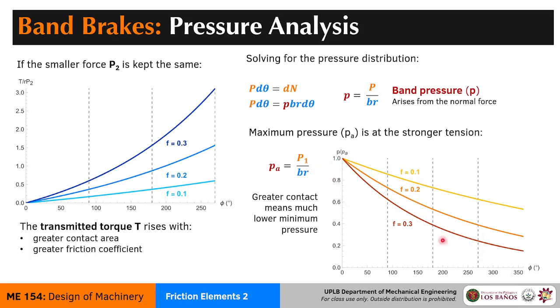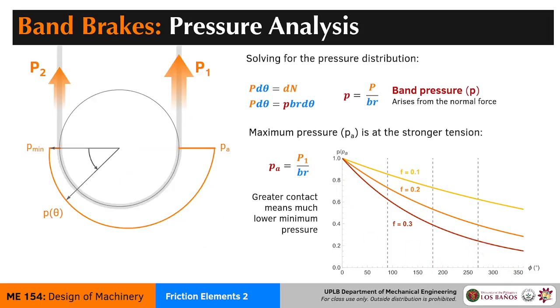So the highest pressure and the lowest pressure will always be found at the endpoints of the contact. This is what it looks like if you graph it. This is the pressure distribution. The pressure is smallest at the endpoint here, next to our small load P2, and our pressure will be highest right next to where the band is being stretched by P sub 1, the higher load.